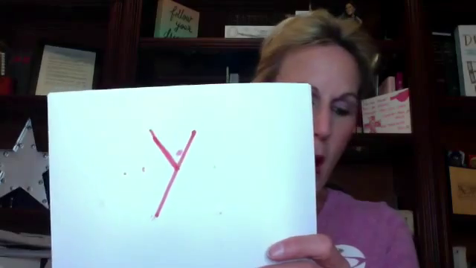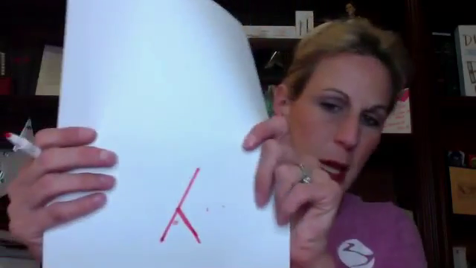So basically what I tell people, let me do another piece of paper here, is to do a small y, or a lowercase y, I should say. So do a little lowercase y and then flip it upside down.